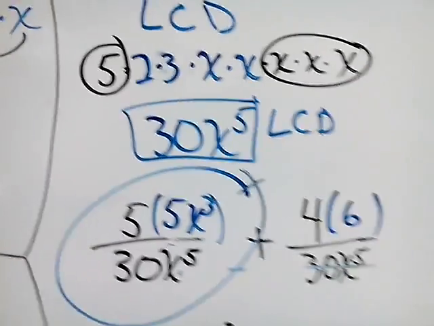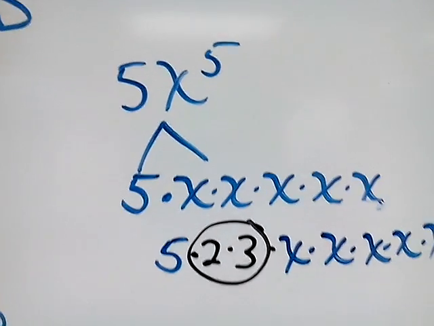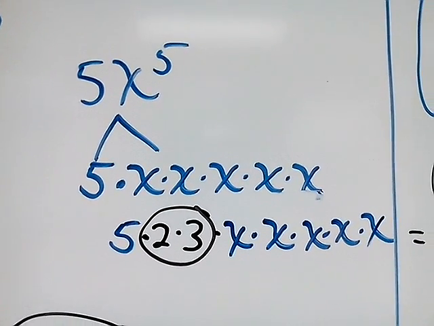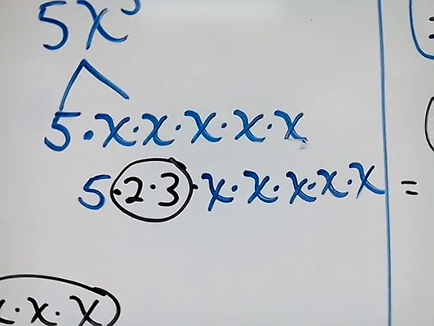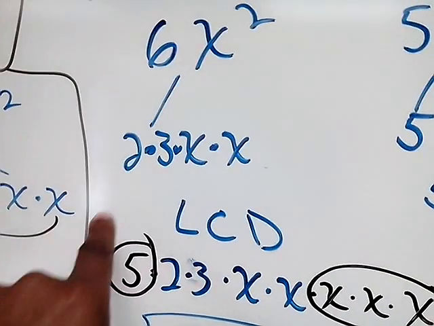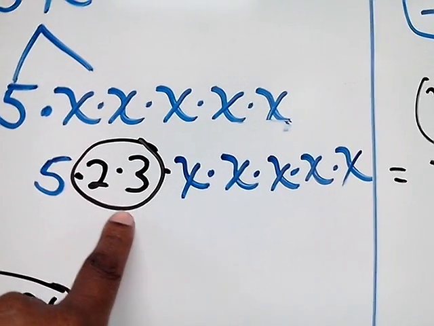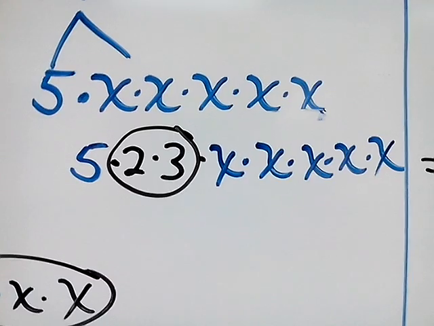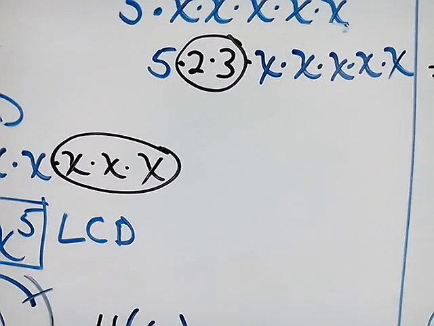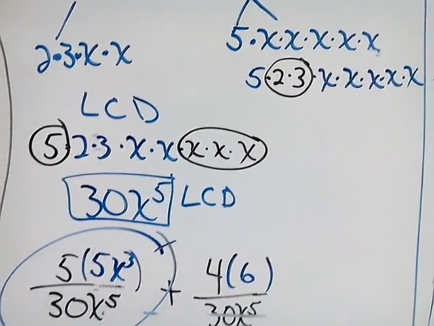If we look back at our denominator 5x to the 5th power, what was missing in here was the 2 times 3 from the other factor. So we take that and multiply it to our factors, and we have, again, 30x to the 5th power from that.